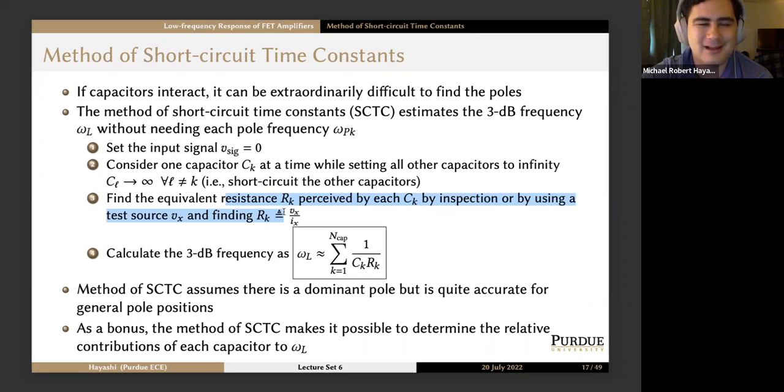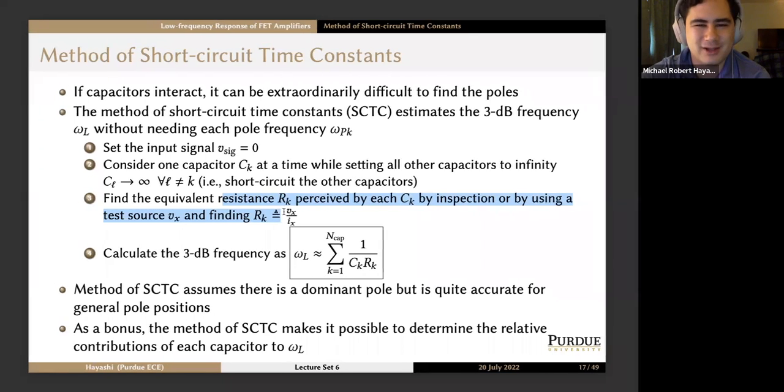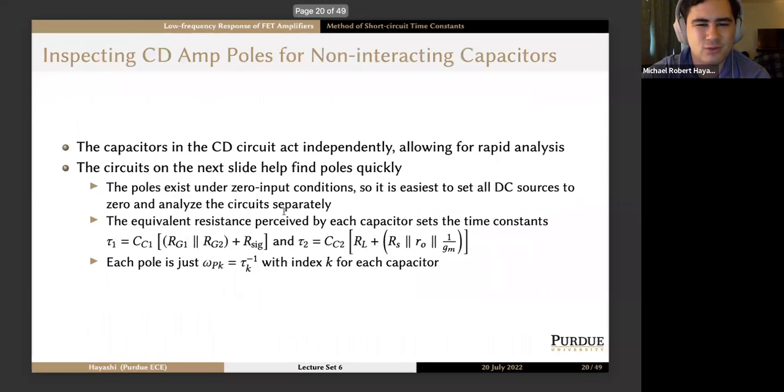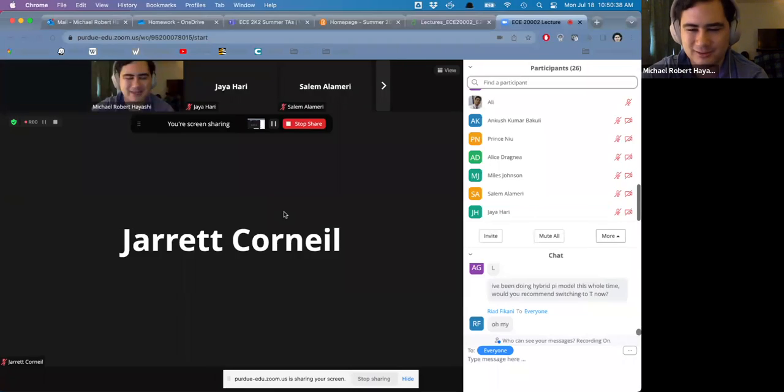That's a lot more work, especially when the alternative is finding 2 or 3 capacitances by inspection.